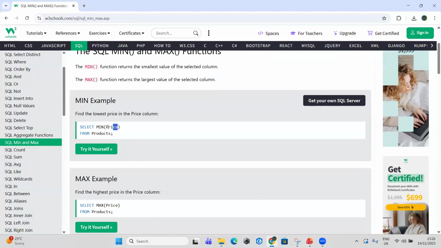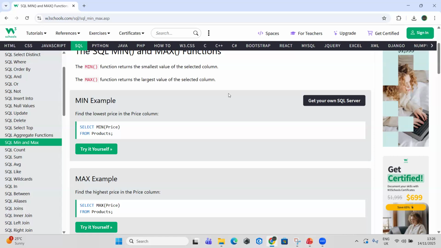Now there was a column in the table called price, right? For example, I have a table whose name is products. Just like customers, but this time the table is products. In that table, there is a column called price, and I want the minimum price.